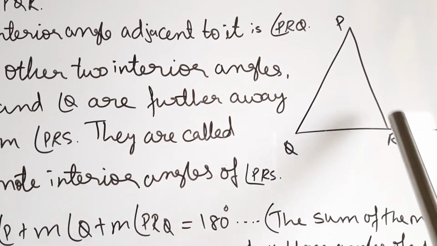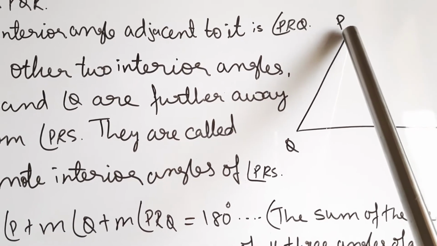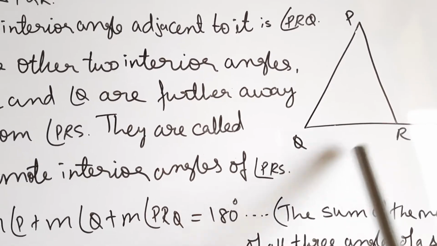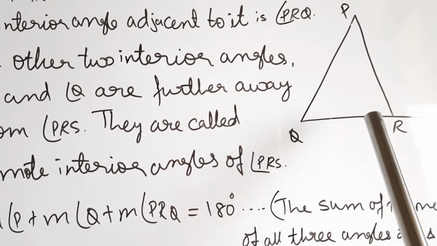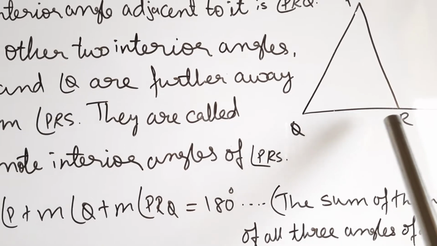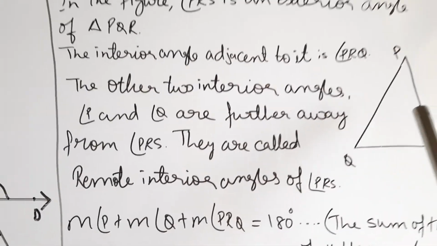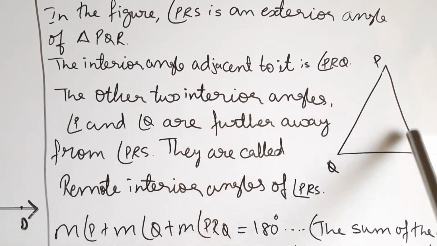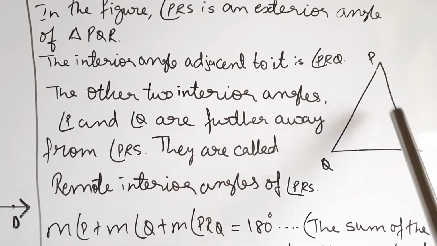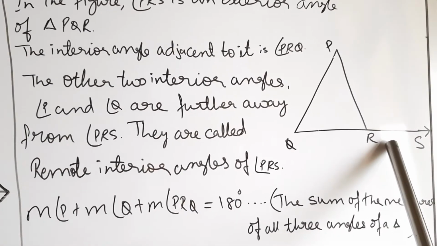The other two interior angles, because angle P and angle Q are inside the triangle. They are two interior angles. Are further away. You can read that. Are further away means far away. You can see angle PRS is an exterior angle.